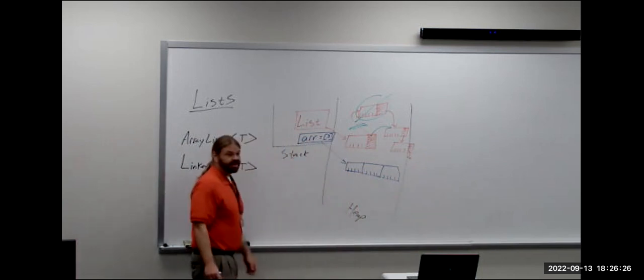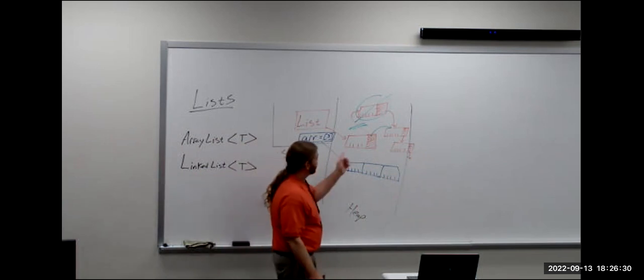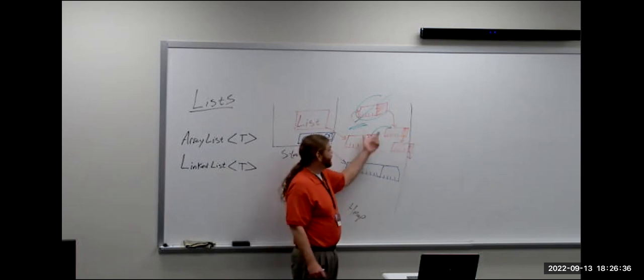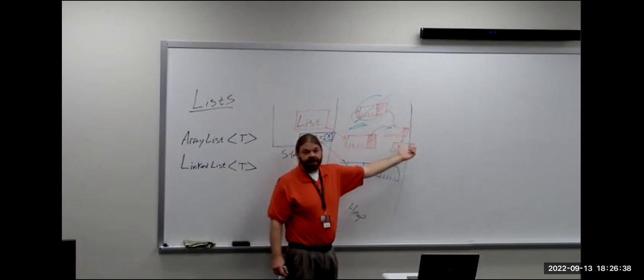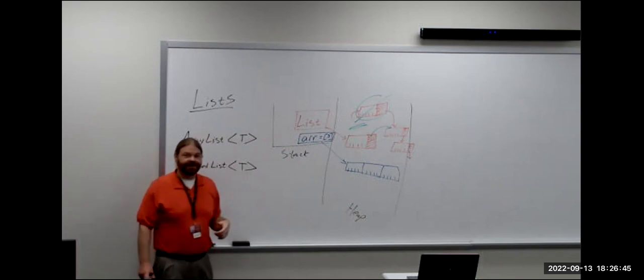There's also a doubly linked list, which a lot of people like, that along with that pointer, which is just a data field that says next and has a reference to the next item in the list, we could also add in a data field that says previous, or we can call it whatever we want.